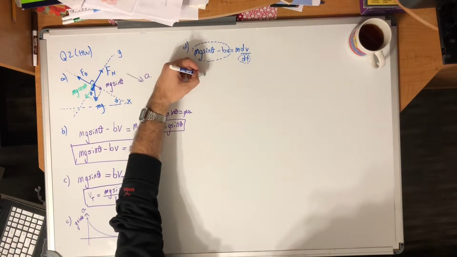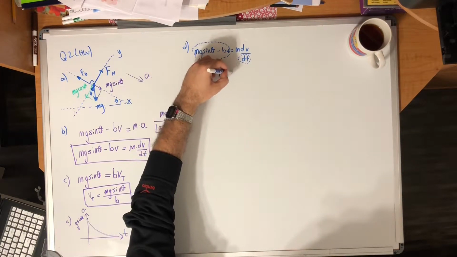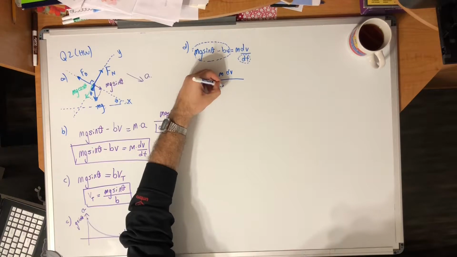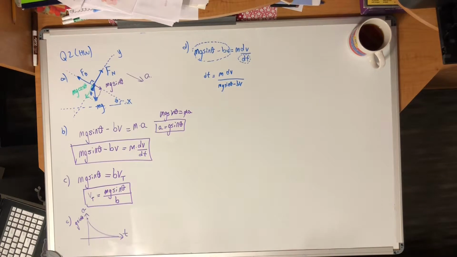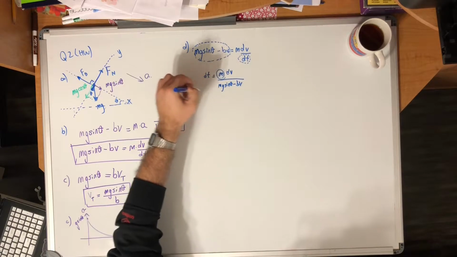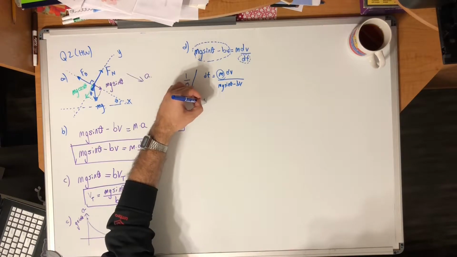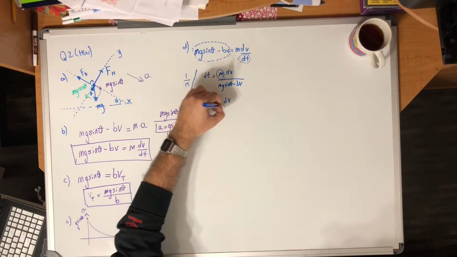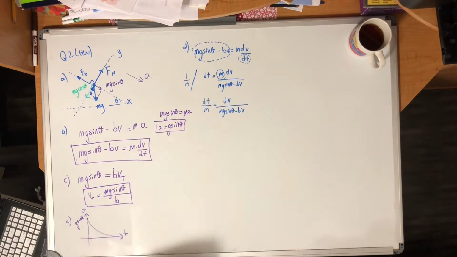Then in this case, dt is equal to m dv divided by mg sine theta minus bv. And over here, you can get rid of this m, so you can just divide everything by m. So what are you going to get? dt over m will be equal to dv divided by mg sine theta minus bv.